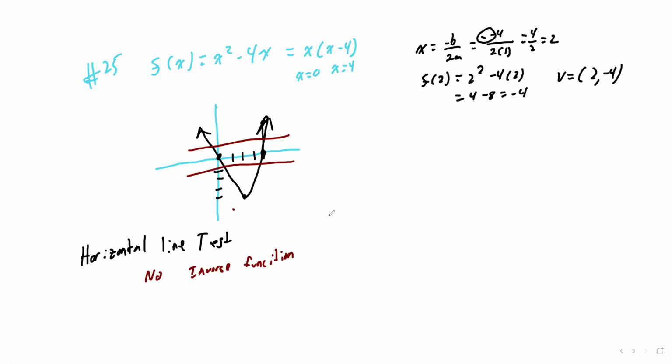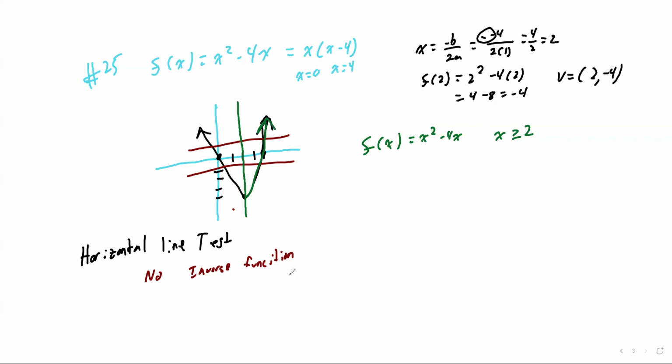Now, there is a way we can make this have an inverse function, and that is if we split the quadratic in half and give it a restriction. And we say, all right, f of x equals x squared minus 4x for only x greater than or equal to 2. If I do that restriction, then I would only have this part of the function graphed and it would pass the horizontal line test.